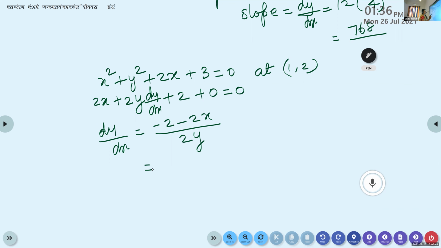How? You substitute the value of x, and cancel it by 2. So minus 1 minus x by y. Then minus 2 by 2, answer is minus 1. Is it correct, Nandana? Yes, ma'am. So finding the slope, is it clear, children? How will you find the slope of the tangent?